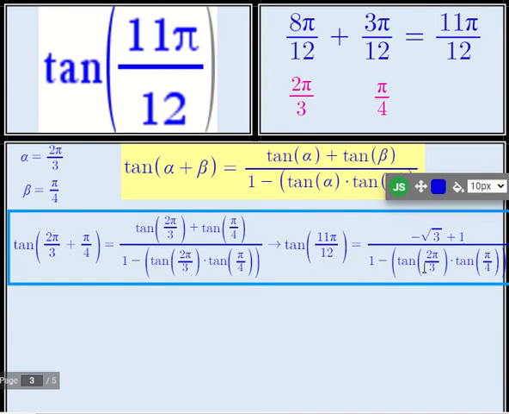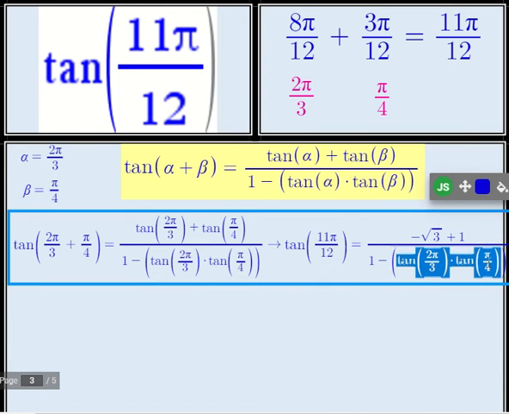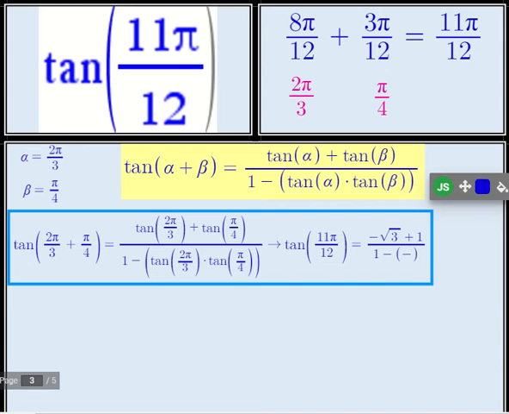And so negative radical 3 times 1 is negative radical 3. And when we have 1 minus a negative radical 3, minus a minus is actually a plus.